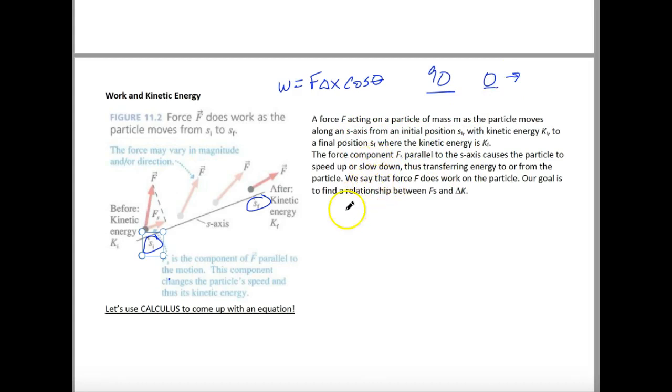Let's go ahead and take a look at the calculus. So we're going to use calculus to come up with an equation, just as we've done before. And so what we'll do is we're going to start down here. We know that the force in the direction s, so that's just like x, is equal to mass times acceleration in that direction. And as we've said a million times before, that is mass times dv_s over dt. We're going to use the chain rule now, and you should be used to the chain rule.